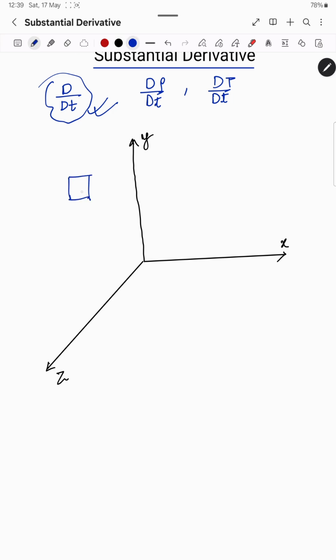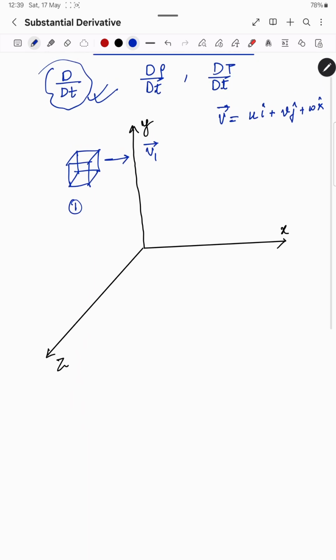Let's take this as point 1, and at this point the fluid element has a velocity v1 in this direction. The velocity vector v is u i cap, the velocity in x direction, plus v j cap, the velocity in y direction, plus w k cap, the velocity in z direction.